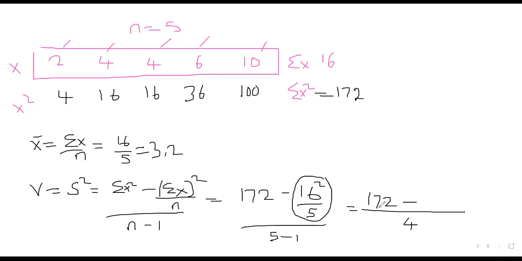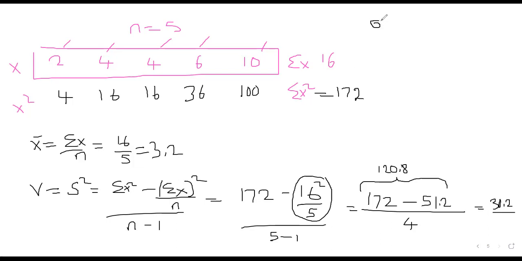Okay, 51.2. Yes, 51.2. From 172, what are you getting? 120.8. Yes, 120.8, and divided by 4. 30.2.